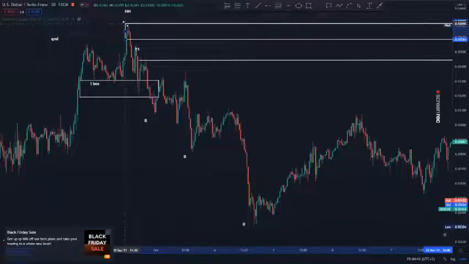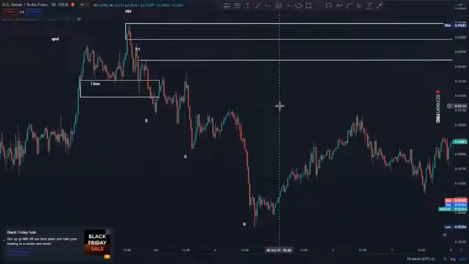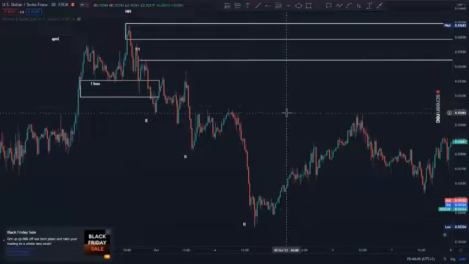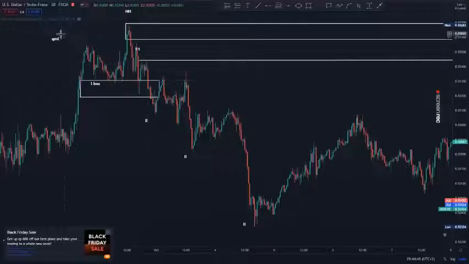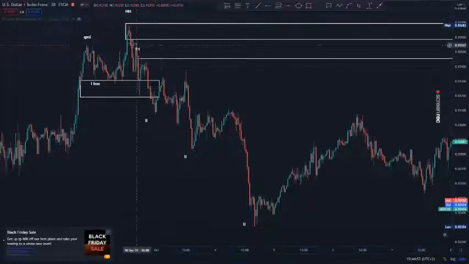Remember, it's the last bullish candle before the bearish move for the supply zone, and the last bearish candle before the bullish move when you're looking at the demand zone. Always remember that.